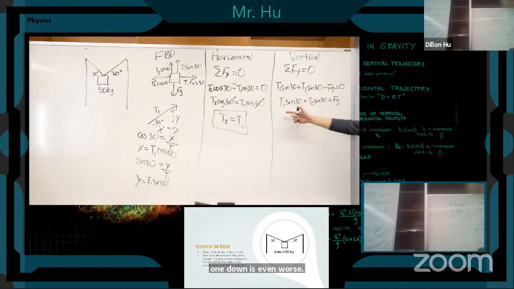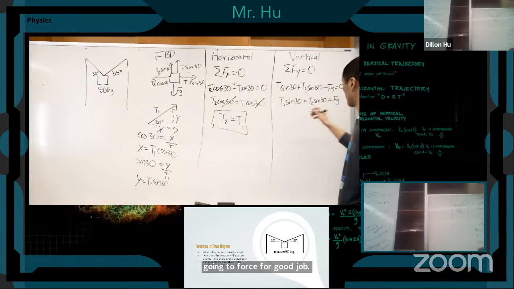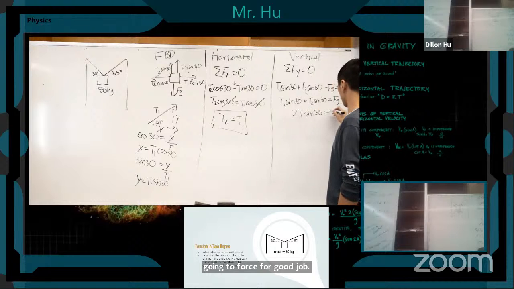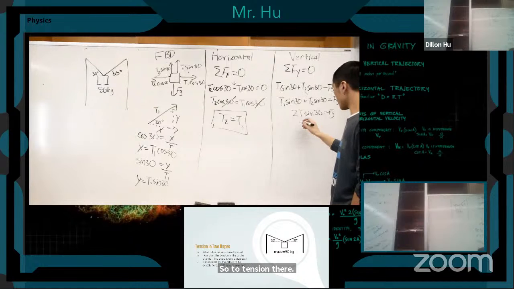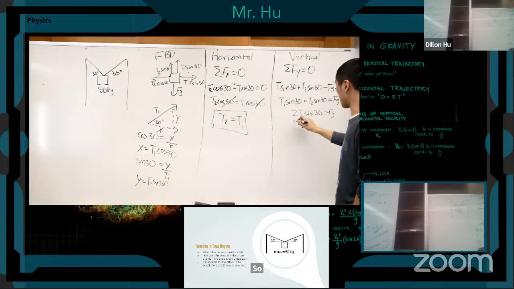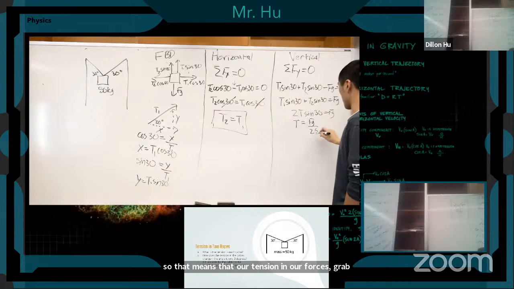Notice here how we found previously that the two tensions are equal. So 2 times tension times sine 30 equals the force of gravity. So that means our tension is equal to the force of gravity over 2 sine 30.